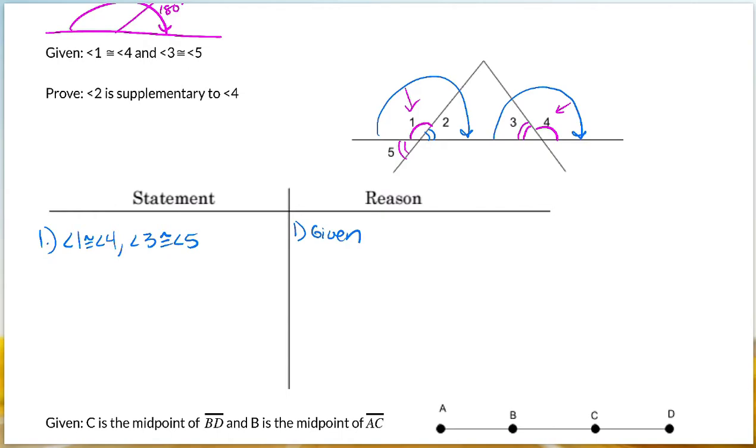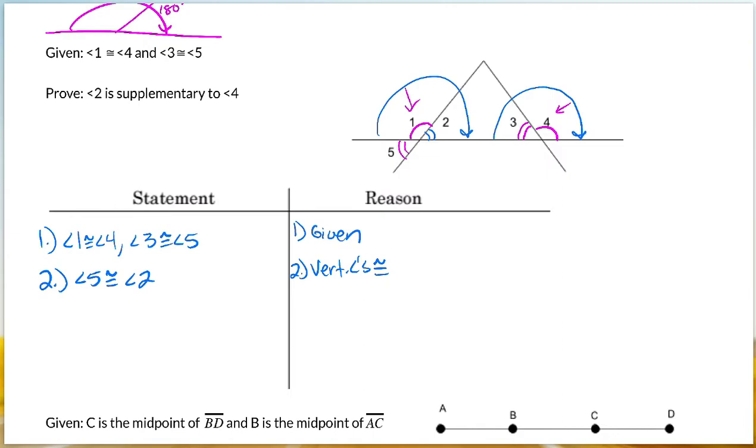I think I'm going to go with what I call the equation method of working this problem out, because I think it will make more sense if we are using that math and looking at that math and that relationship. So I'm going to add in that we know that 5 and 2 are congruent right here. The reason for that: vertical angles are congruent.